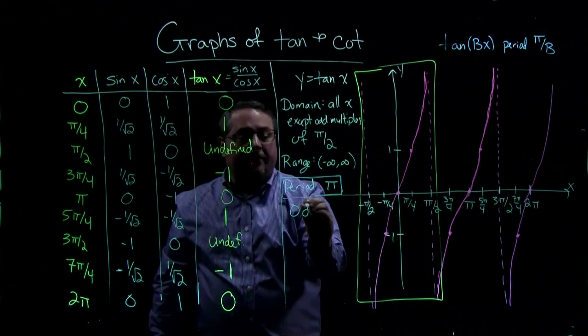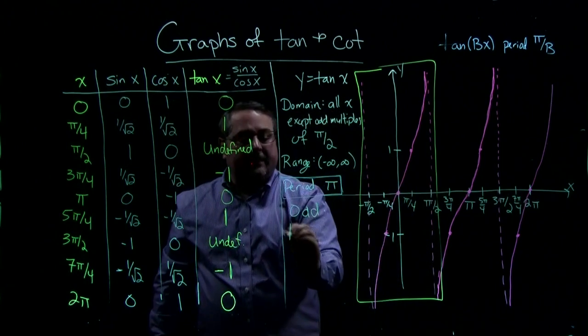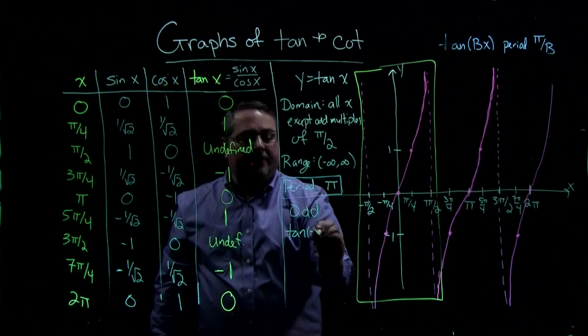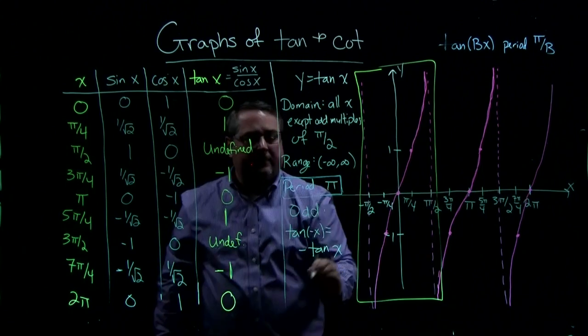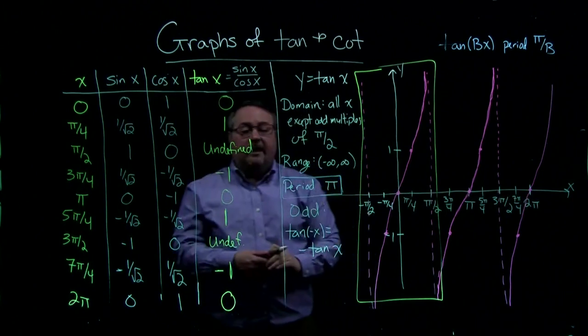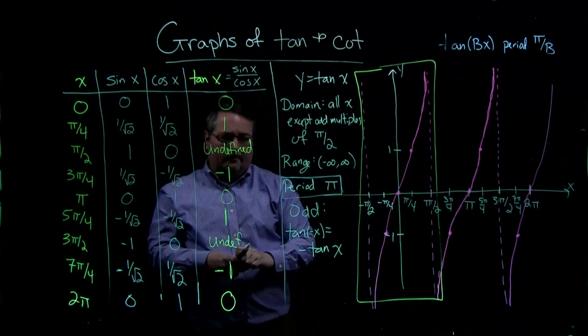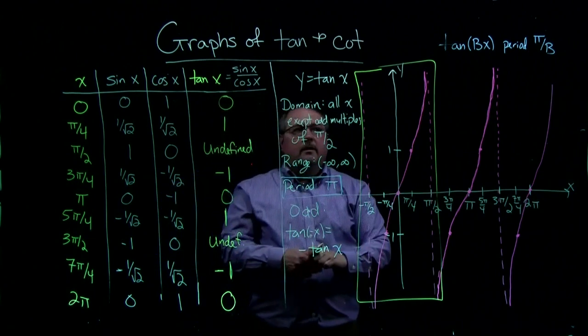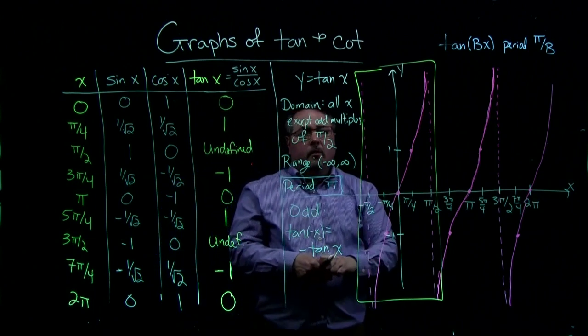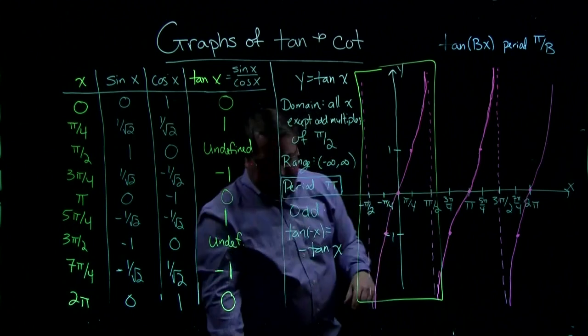Okay, so this is an odd function, and that tells us that the tangent of -x is equal to negative the tangent of x. Okay, same as the sine graph. Okay, so those are the relevant properties of the tangent function.